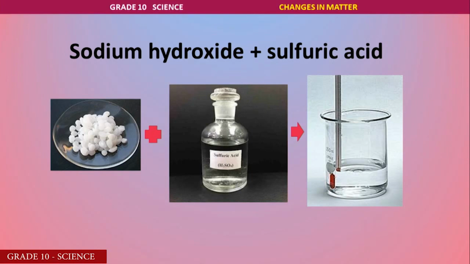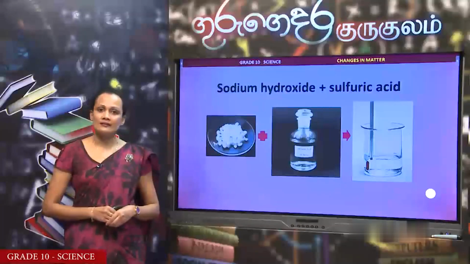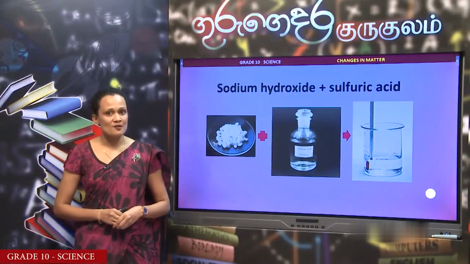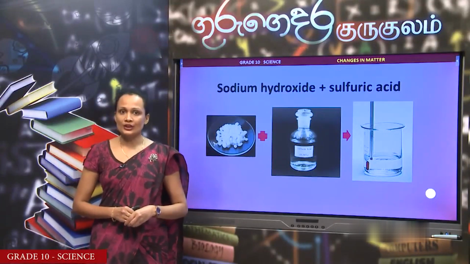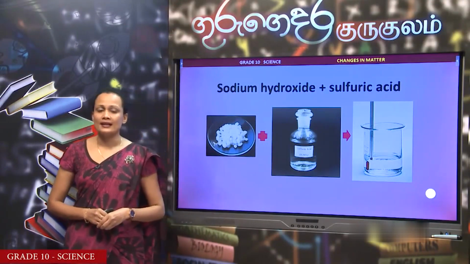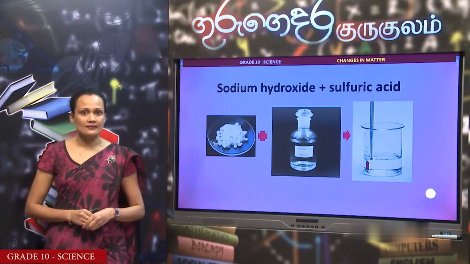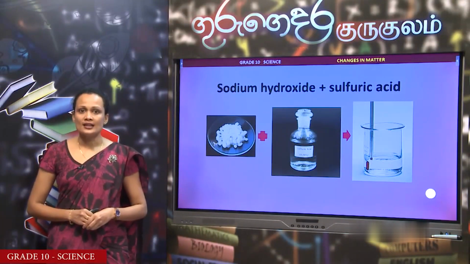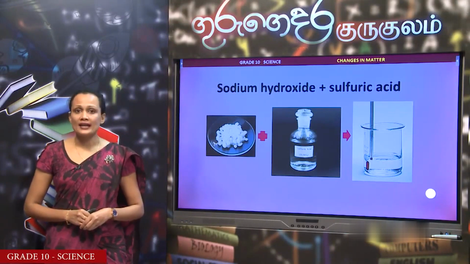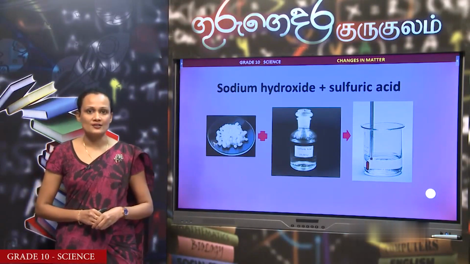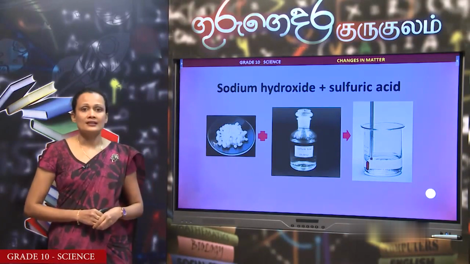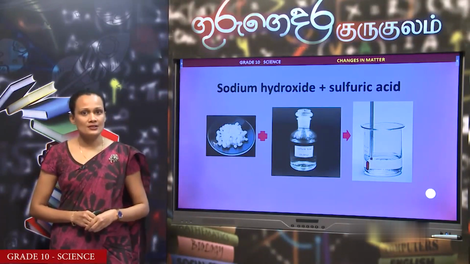What happened in there? The temperature increases. In the same manner, in some chemical changes the temperature increases or decreases. Likewise, we can take the change in temperature as one evidence of a chemical change.